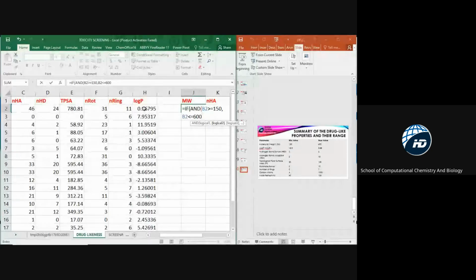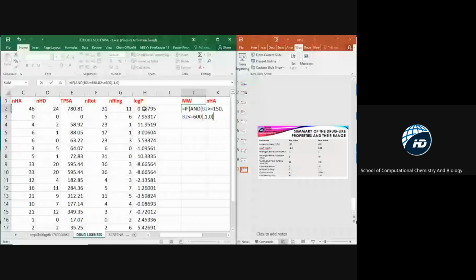If that is the case, you close brackets. Let the system tell us 1 if it is between; let it read 1. But if it's not between that range, let it read 0. Then you close your bracket.